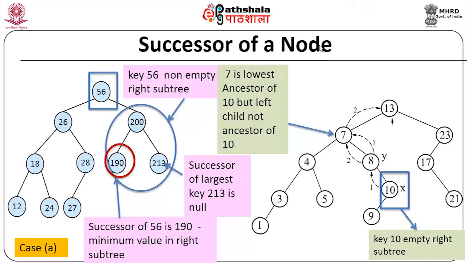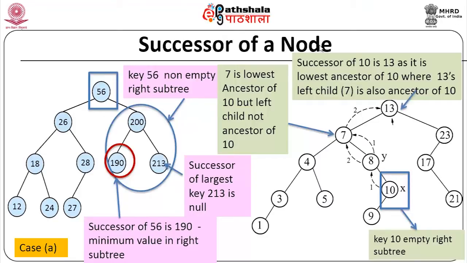I will repeat again. I have to find the lowest ancestor of 10. In this case, ancestor means you have to go up the tree, and you find 7. Now, 7 is the lowest ancestor of 10, but the left child of 7, which is 4, is not an ancestor of 10. That is the condition. So, what do we have to do? We have to go one more.